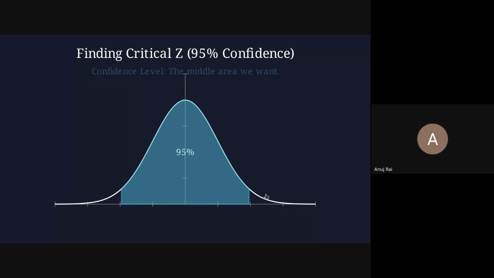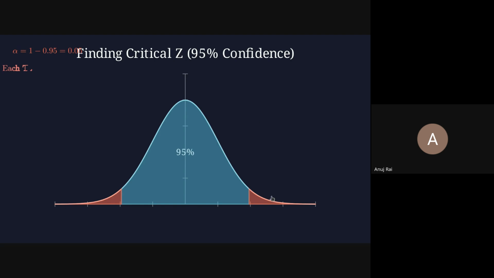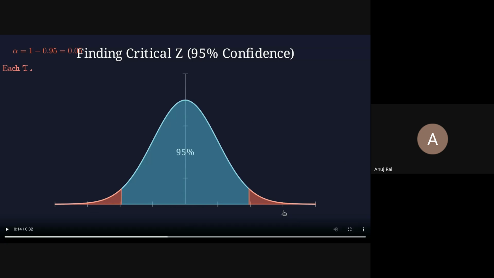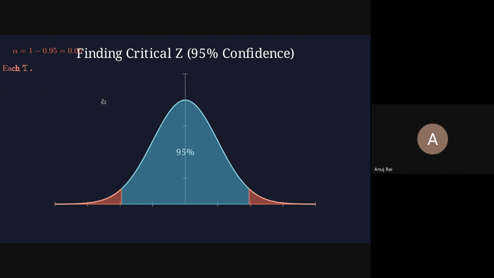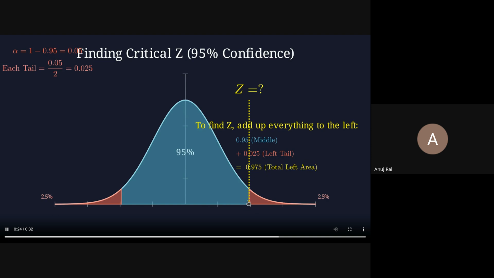So that's why 1 minus 0.95. The sum of the tails will be 5%, 2.5 plus 2.5, or 0.05 in terms of decimal, and each tail is 0.025. And so the total Z is from here to here.